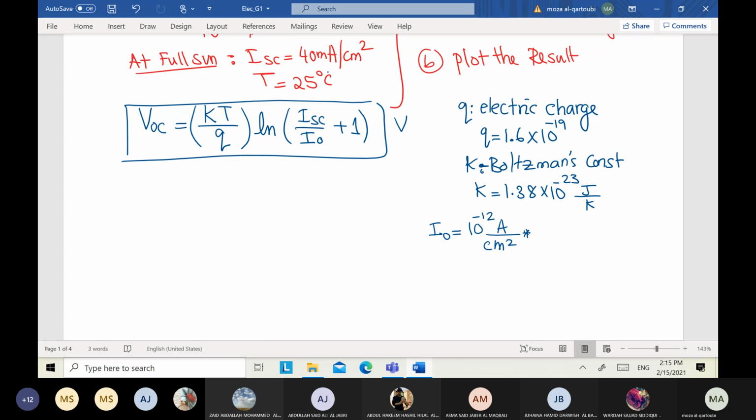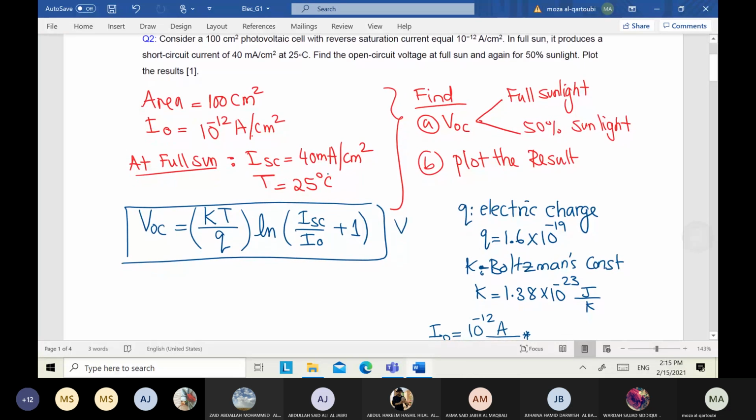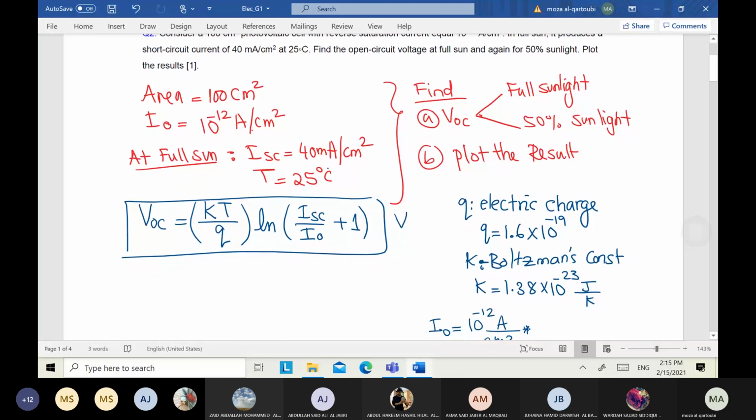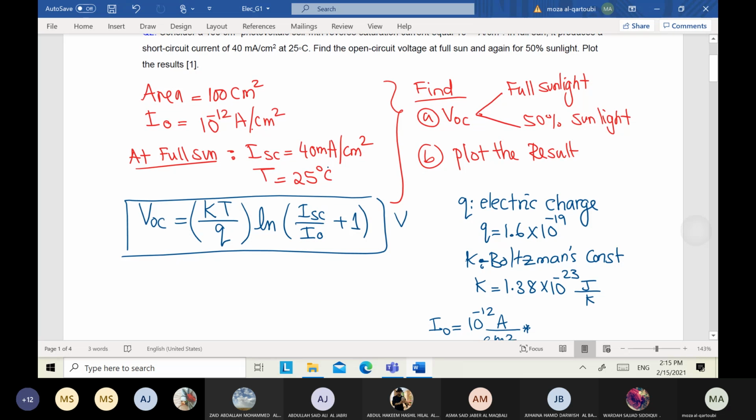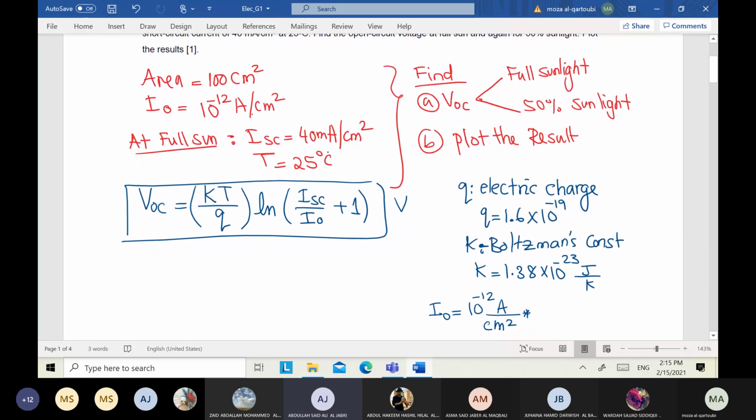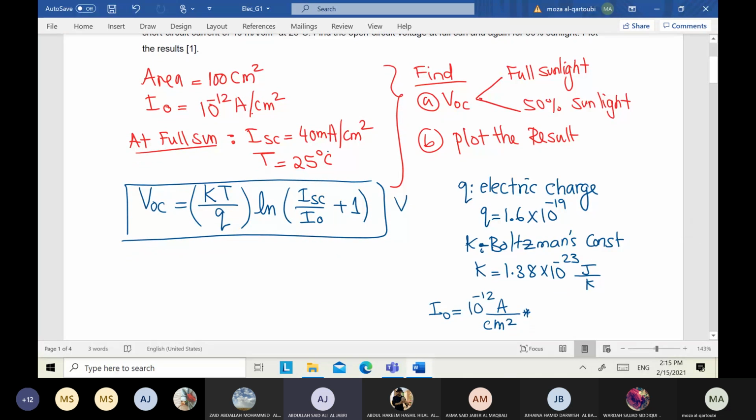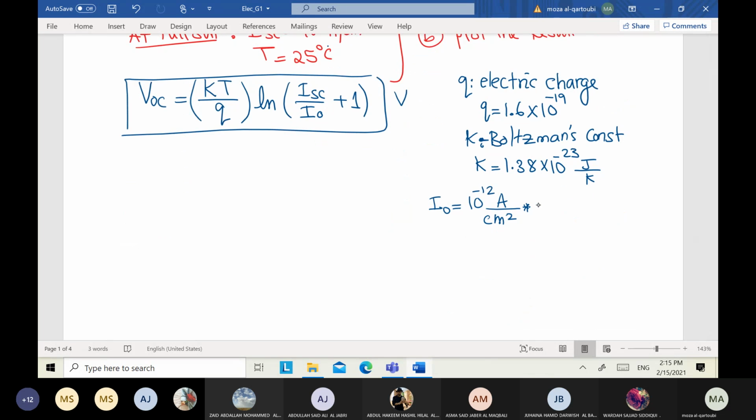The area is given in this equation as 100 centimeter squared. We need to change the unit of this area to meter squared in this case? No, because the saturation and short circuit currents are given with respect to area in centimeter squared. So we use it directly: this value times 100 centimeter squared, so centimeter squared cancels.